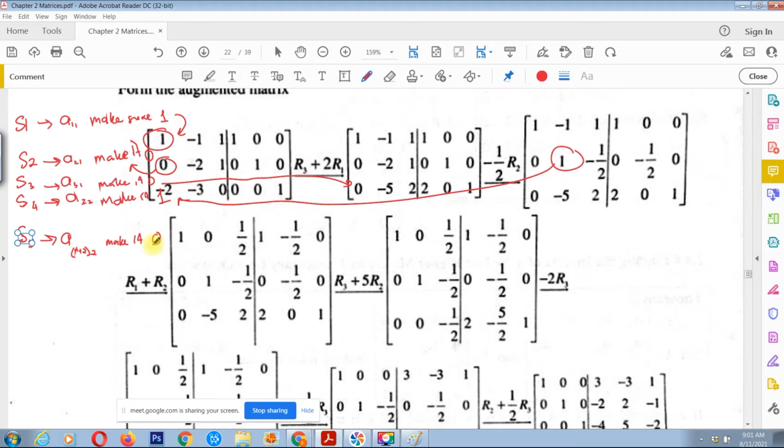Make it 0, meaning the position below here should be 0, like this. Okay, so this position, and then make it this one.